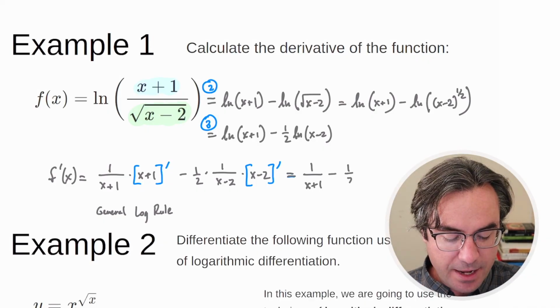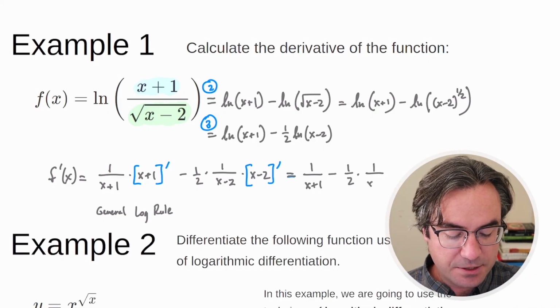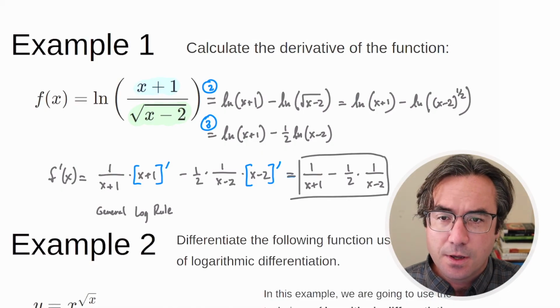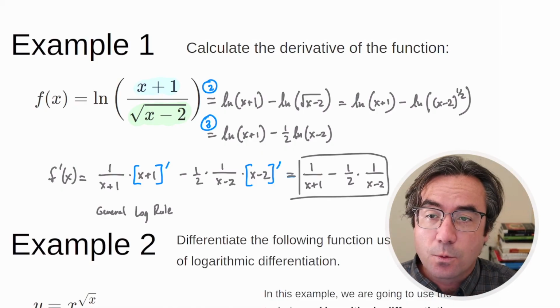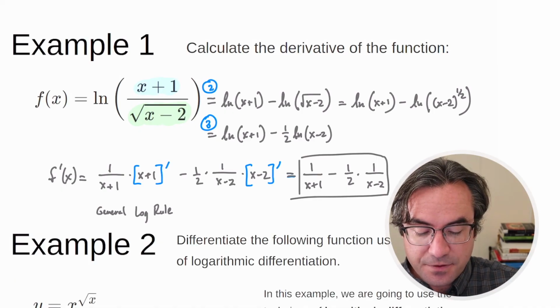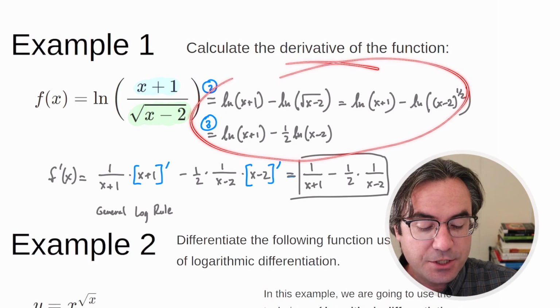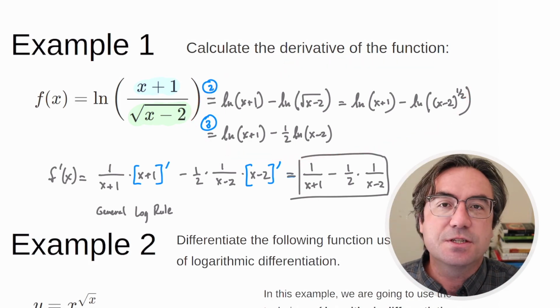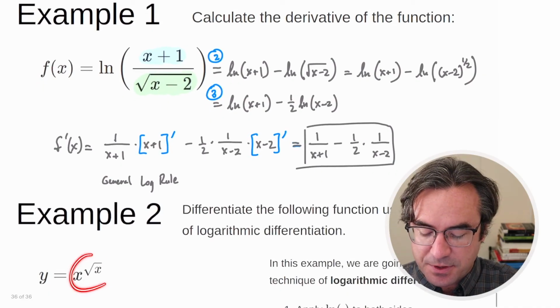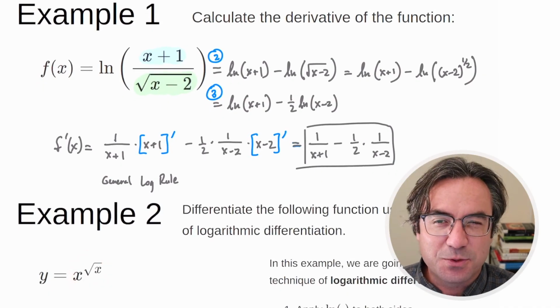And then we have minus 1/2 times 1 over x minus 2. And there's our derivative. All right. So we're going to see how we can use kind of this similar strategy of log functions and using those algebraic properties to differentiate something a little more exotic like this. So we'll see that in class.